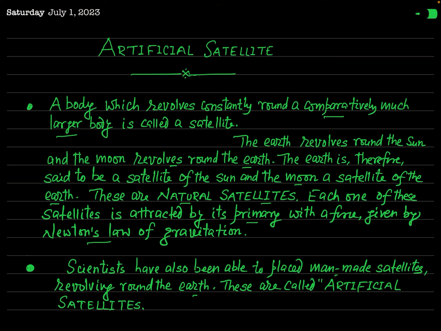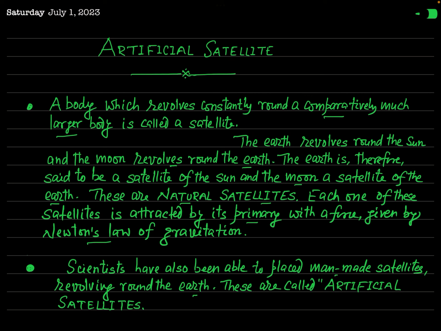Now, as I have told you, for dealing with the motion of these artificial satellites, we can use the theory developed in general for the planetary motion of the different planets around the Sun, which are governed by Kepler's laws of planetary motion.